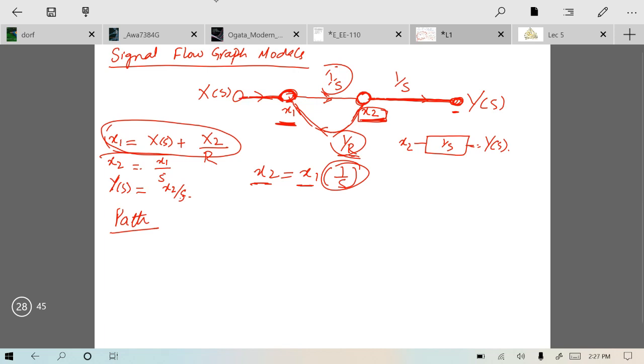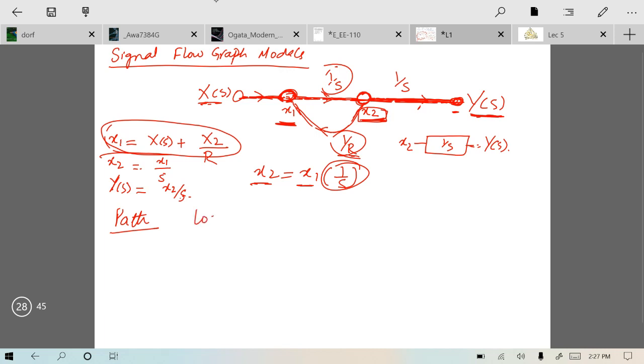You can move from x of s to x1, then from x1 to x2, then from x2 to y of s. So there is a path with three branches, by traveling on which you can move from x of s to y of s. So yes, a path exists between x of s and y of s.